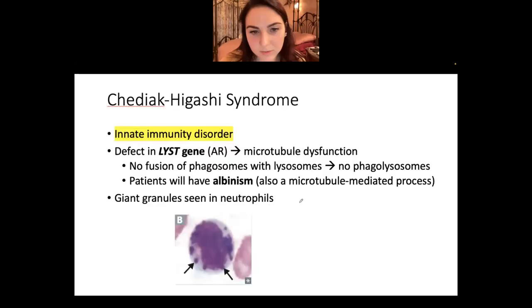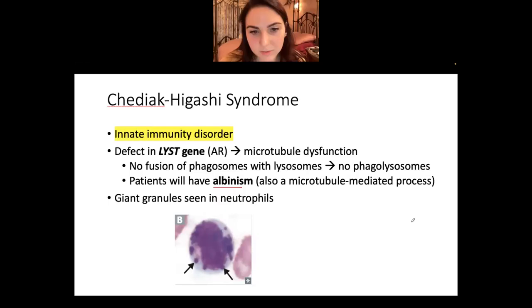And then here's also this. Again, it's the LYST gene. No fusion of the phagosomes with the lysosomes, and then the patients will have albinism because the delivery of melanin to the different parts of the body that receive melanin also follows microtubules. It's kind of the same process.